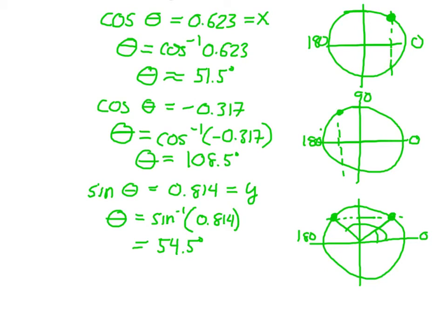However, that's only one answer. And so if you take nothing else away from the video, remember that often when we're dealing with sine between 0 and 180 degrees, there's usually 2 answers, and your calculator only gives you one. That's why we need the unit circle here.